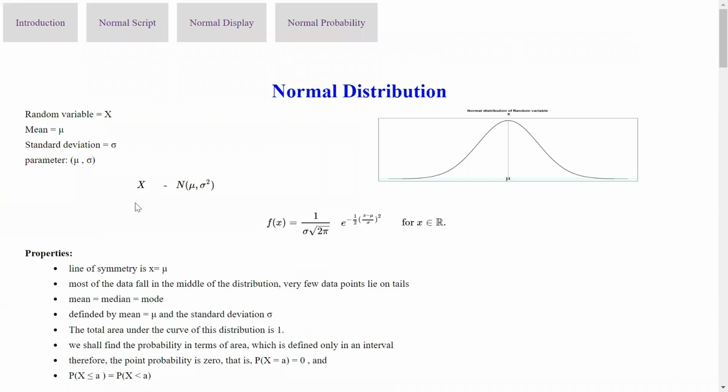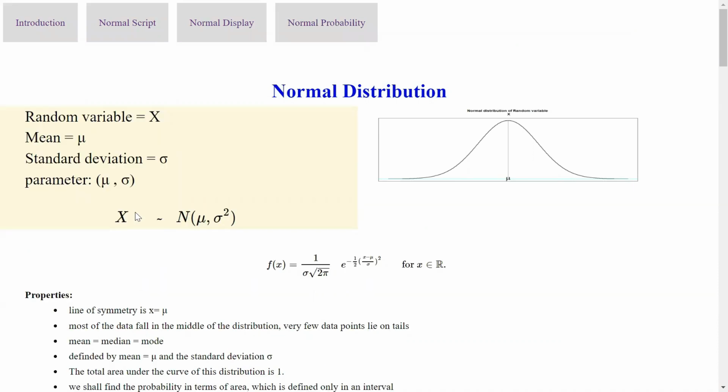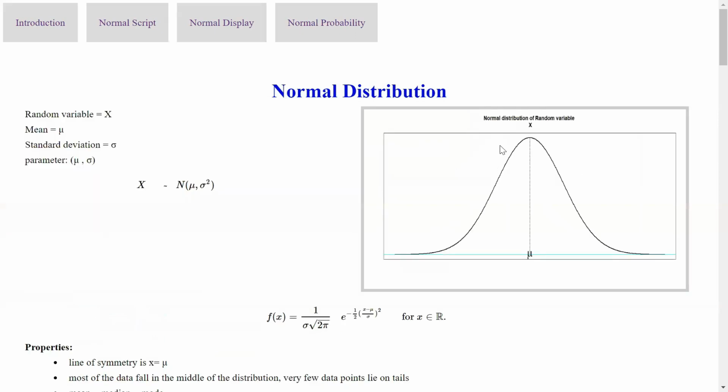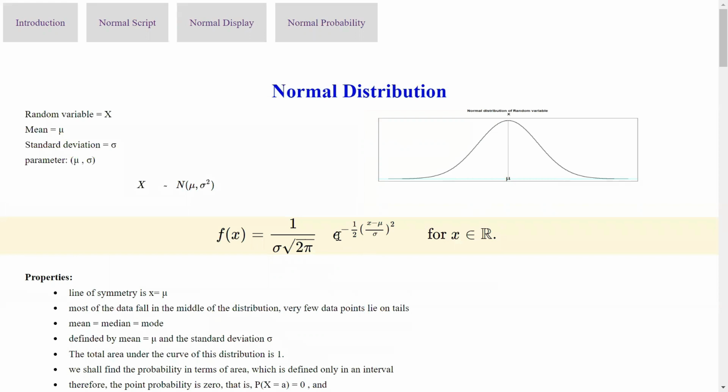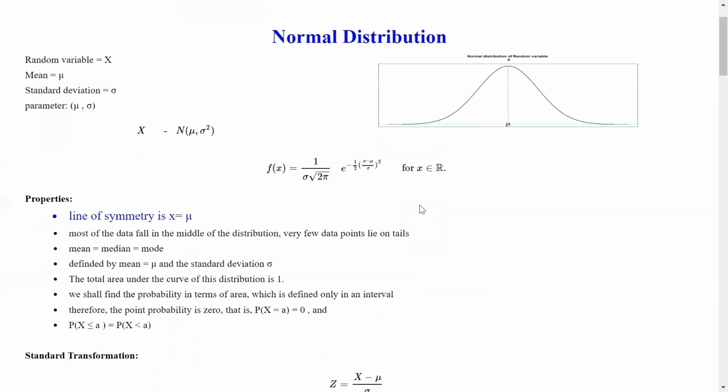This symbolic representation denotes that the random variable x follows a normal distribution with mean mu and variance sigma squared. Graphically, this distribution is displayed in the form of a symmetric bell-shaped curve around its mean, which is defined by this function, satisfying the following properties.